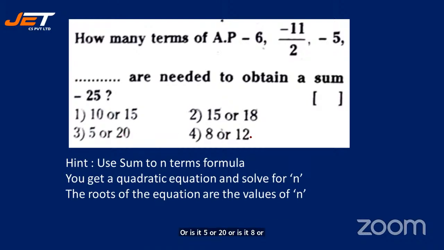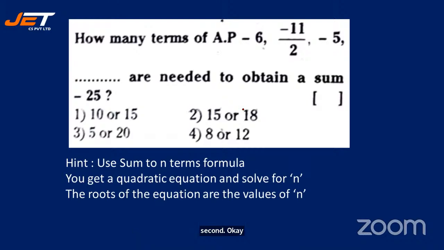So here you need to use the sum to n formula. All right? Yes, because we know the last one, we need a sum of -25. Right, students? So being the first sum, we'll do it for you.